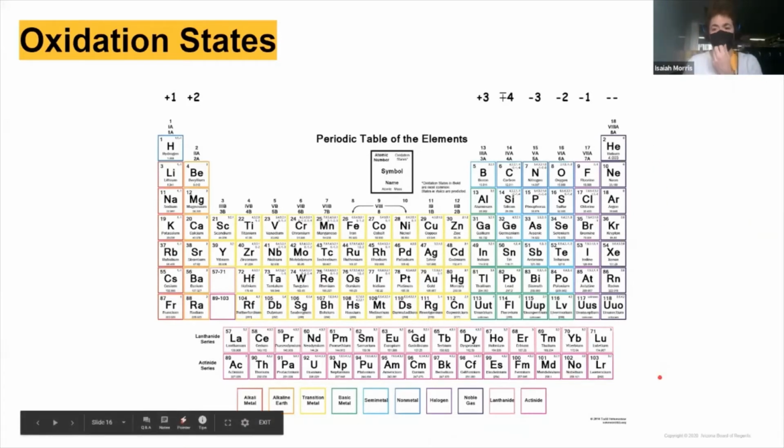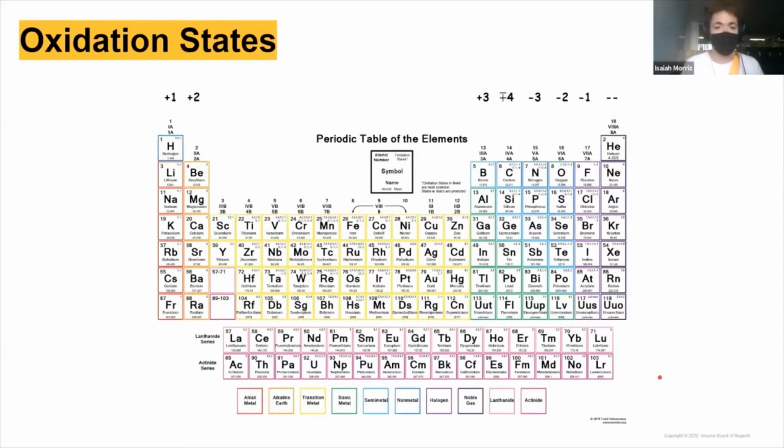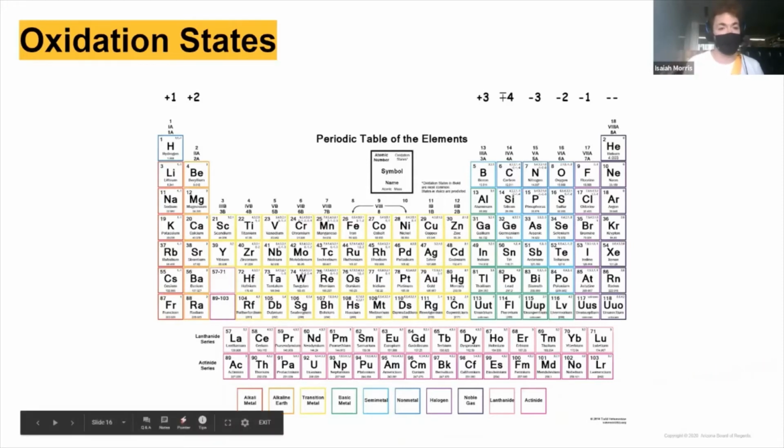So thinking about this going forward, all of these elements naturally carry an oxidation state, or the need to either gain or release electrons. Thinking about something like hydrogen, hydrogen has an oxidation state of 1, and it's carrying that 1 electron with it.